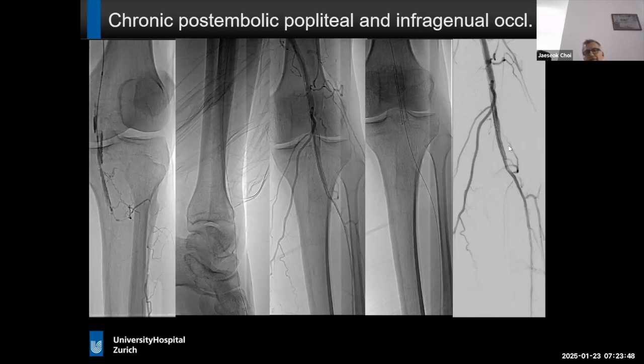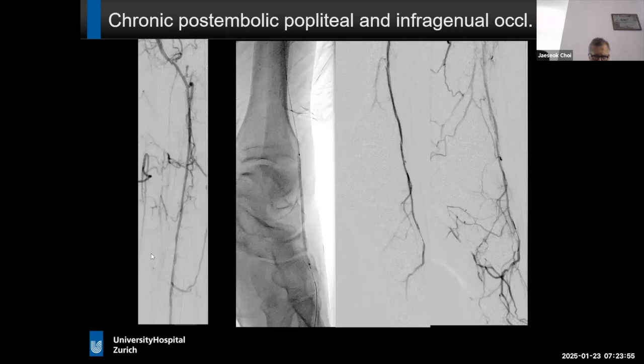You can see here the final result is a single vessel popliteal outflow going all the way down to the foot, where the dorsal pedal artery has been dilated also, and you can see quite a good result. So the arcuate artery, you got the reperfusion also of the plantar artery.